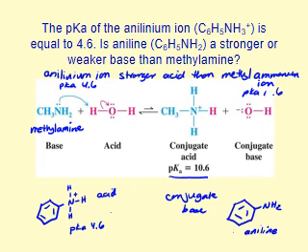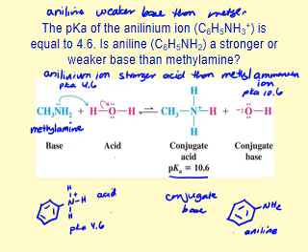And therefore, remember, the smaller the pKa, the stronger the acid. And therefore, recall that the base strength is kind of opposite of that. So if the anilinium ion is stronger, then aniline must be a weaker base than methylamine. All right, and so in terms of answering that question, the answer is weaker.